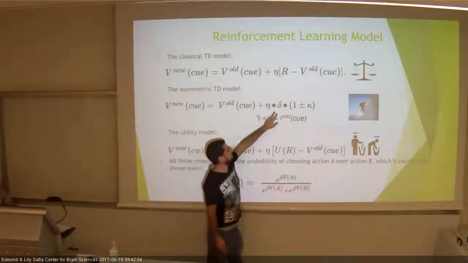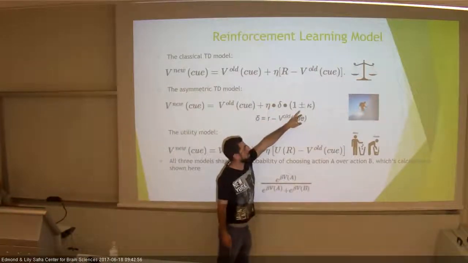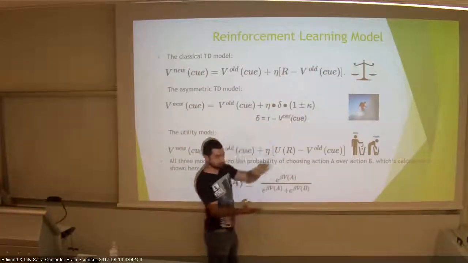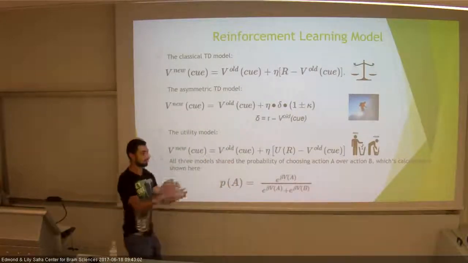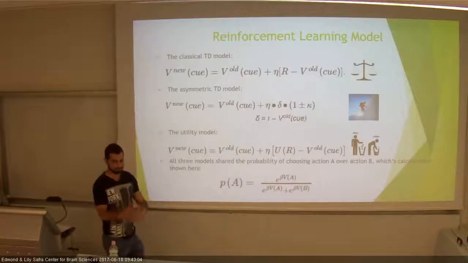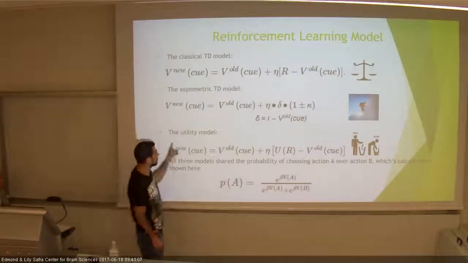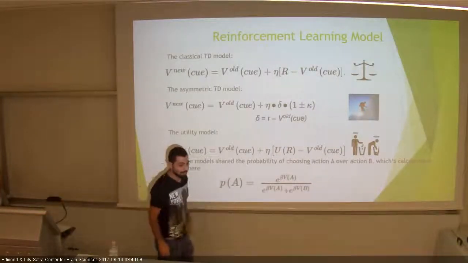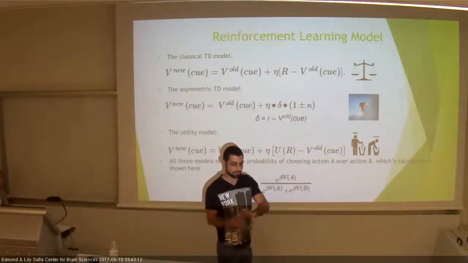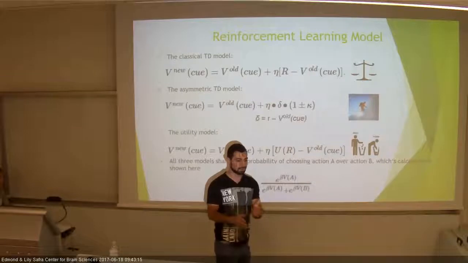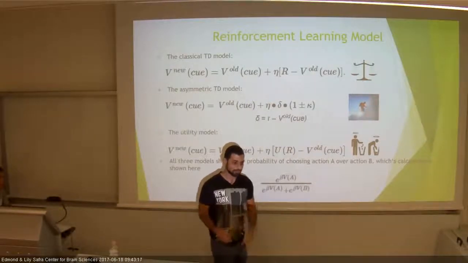As opposed to when our delta is negative, this is going to be smaller, so we're going to be minimizing the negative part less. I think people understand, correct? What determines the kappa? This is a parameter that is fit to every subject, every person, and it determines the bias.